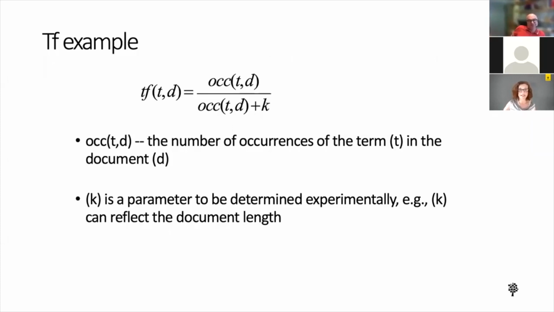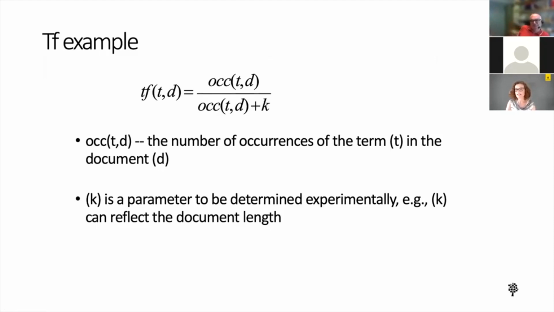But first, looking at the formula, the TF part of TF-IDF is really the number of times the term t appears in the current document divided by the same plus k. And k is a heuristically derived parameter, so a number that indicates something.